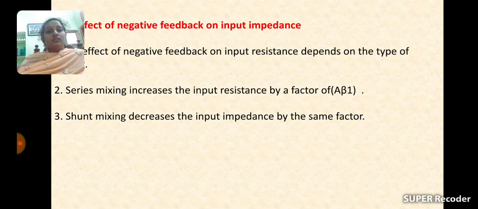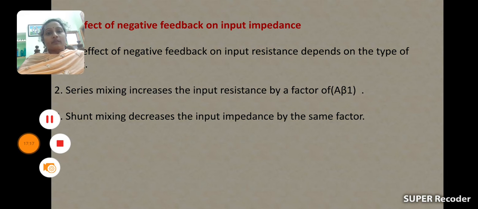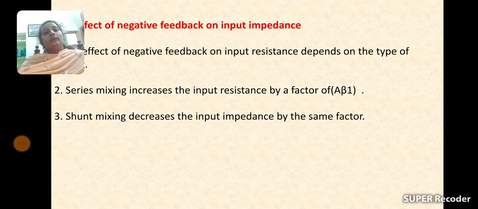So the effect of negative feedback on input resistance depends upon the type of mixing.